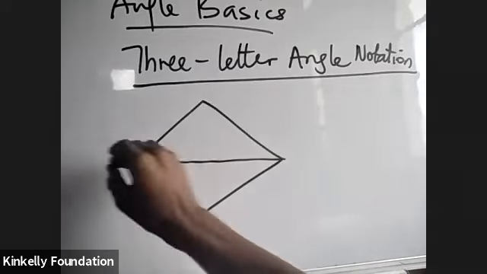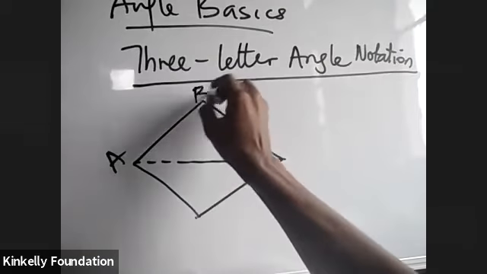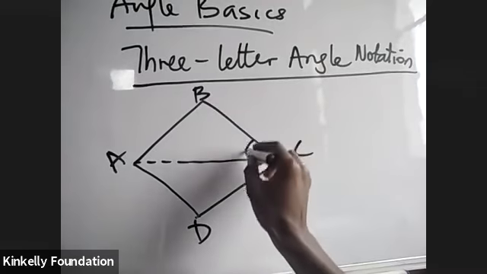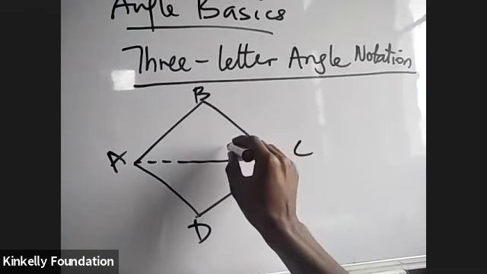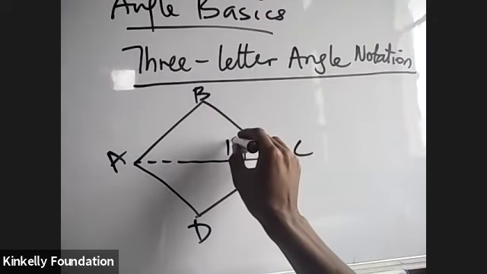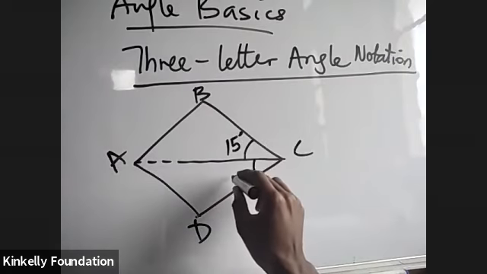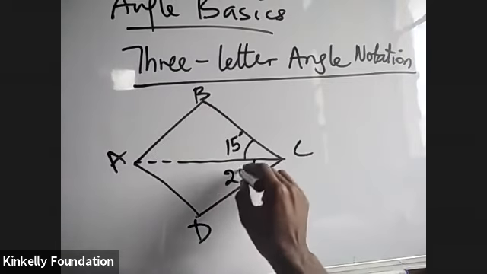Let's name this side A, B, C, D. If here is, let's say, 15 degrees, and here is 20 degrees.